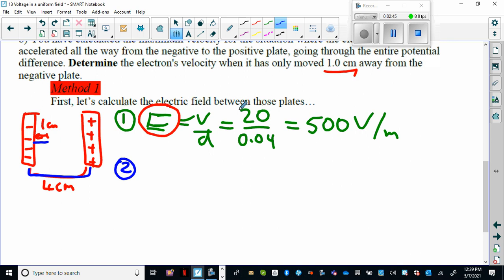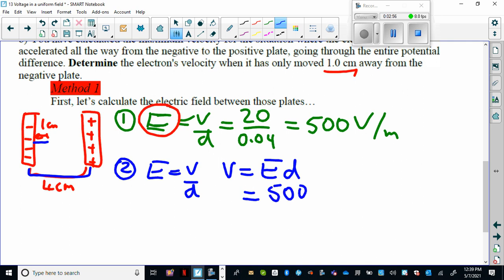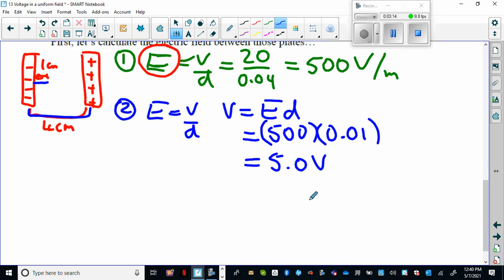Now we can calculate what potential difference it has gone through: 500 times 0.01, since it's only gone through 1 centimeter, is 5.0 volts. So out of the 20 volts between the plates, it's gone through a quarter of that, which is 5 volts of potential difference.